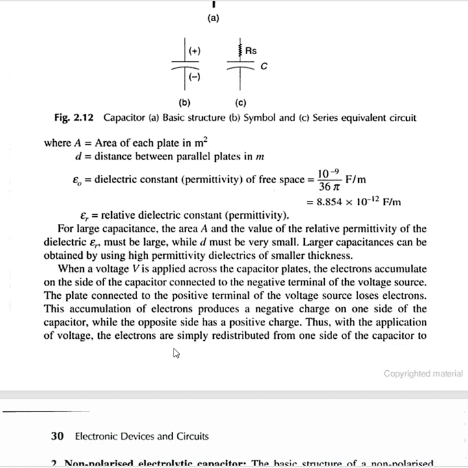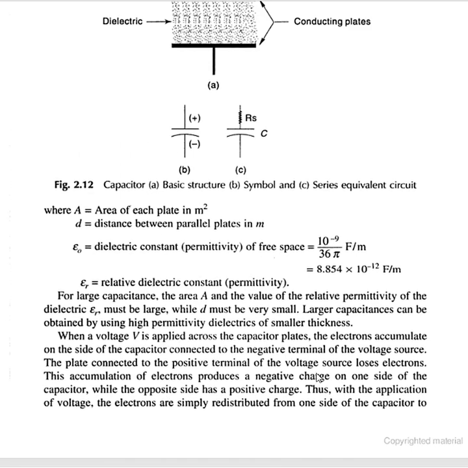When a voltage V is applied across the capacitor plates, the electrons accumulate on the side of the capacitor connected to the negative terminal of the voltage source. The plate connected to the positive terminal of the voltage source loses electrons. This accumulation of electrons produces negative charge on one side of the capacitor, while the opposite side has a positive charge.